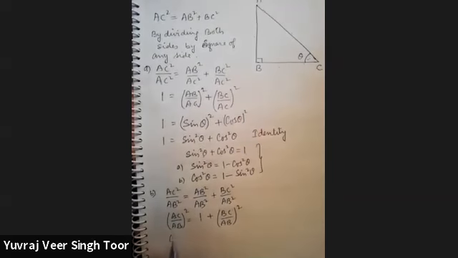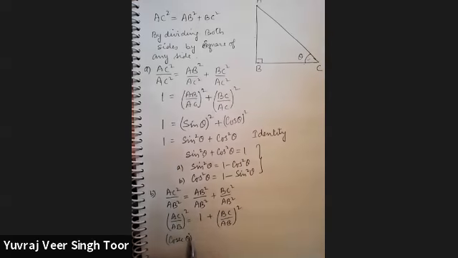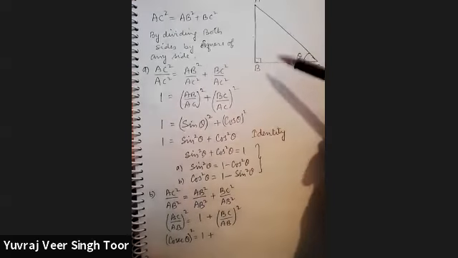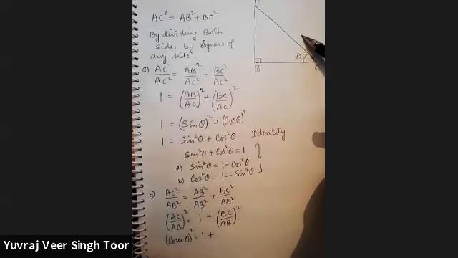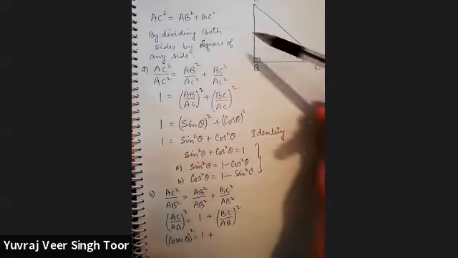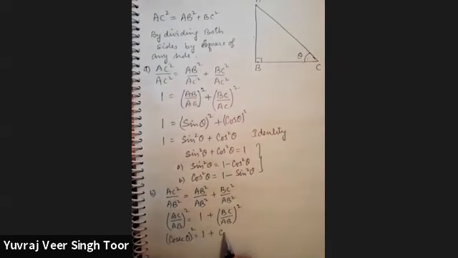It is cosecant, cosec theta. BC by AB, base upon perpendicular, that is cot theta square.